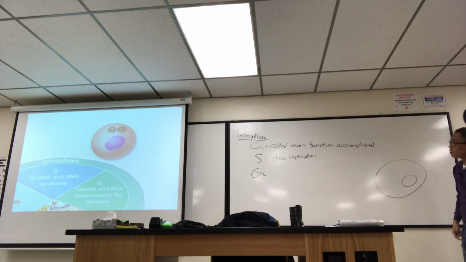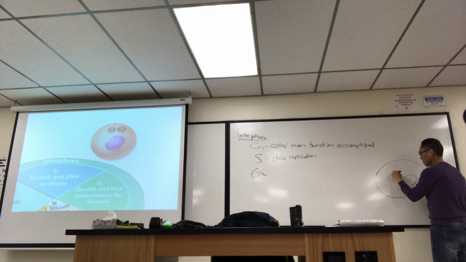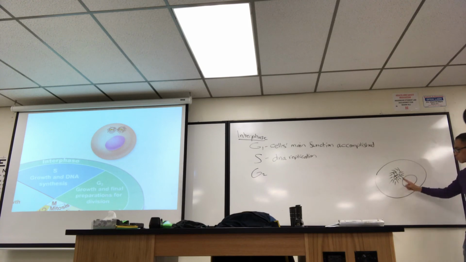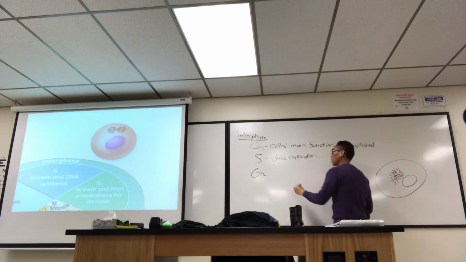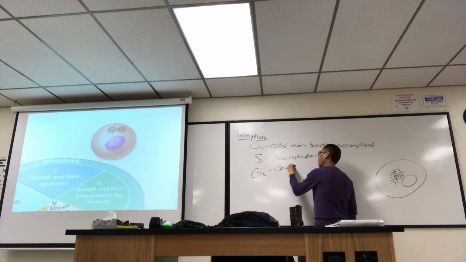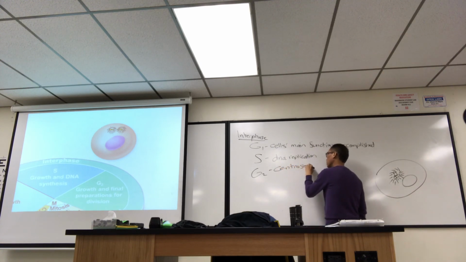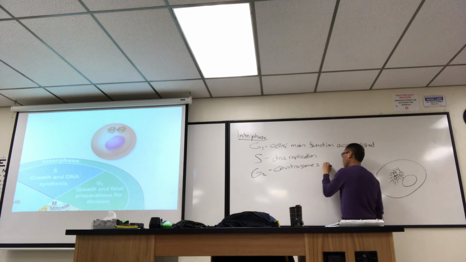They draw what are called the centrosome. Let me go ahead and define that now. That's one of them. There's two in the picture there. Let me define what this is. I'll say centrosomes replicate.